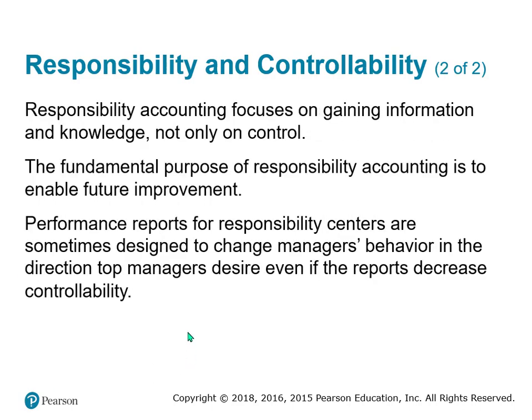The more fundamental purpose of responsibility accounting is to gather information from various personnel to enable future improvement. So it focuses on gaining information and knowledge, not only on control. Performance reports for responsibility centers are sometimes designed to change managers' behavior in the direction of top management's desire, even if the reports decrease controllability. It's a delicate balance here, though.